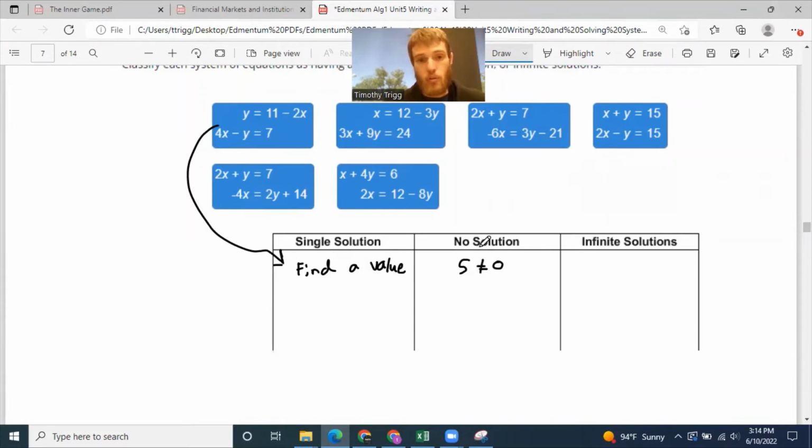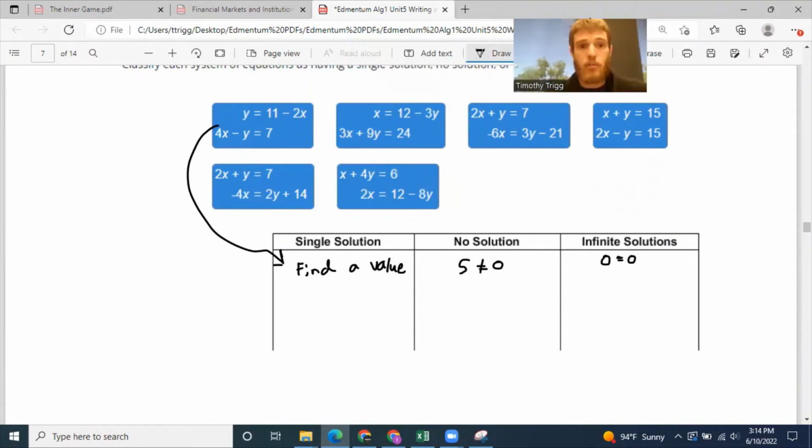So this would have no solution. And if you graph the two lines, they would be parallel to each other. For infinite solutions, you end up with something that's always true, something like 0 equals 0. In the case of something that's blatantly true with no variables involved, then this would have infinite solutions. And in fact, the two lines are actually the same line. So if you graph them, they would just be the same line.